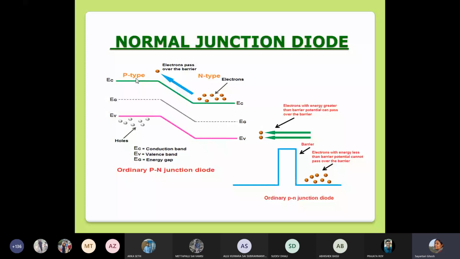So if you just imagine this in terms of the barrier potential, you know that in the depletion region, on one side I have positive ions sitting, on the other side we have negative ions sitting. So there must be a barrier potential that has been developed there, right? So how does the electron flow start?